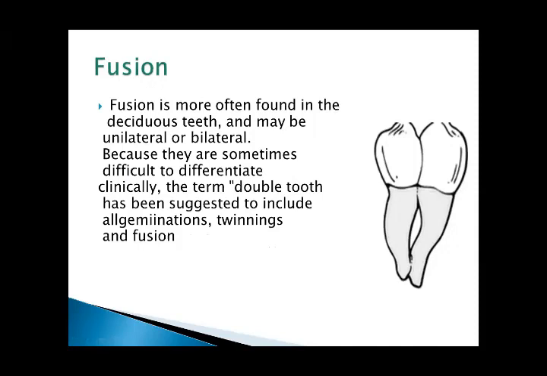Often found in the deciduous teeth, and may be unilateral or bilateral. Because they are sometimes difficult to differentiate clinically, the term double tooth has been suggested to include geminations, twinings, and fusions.